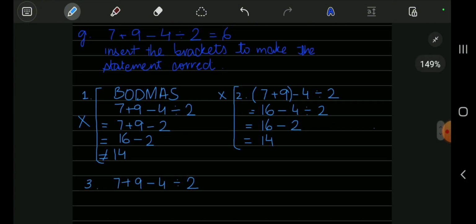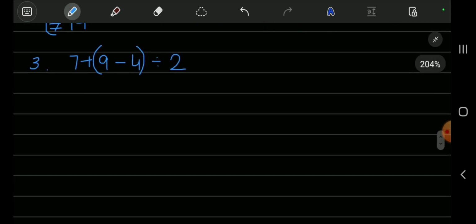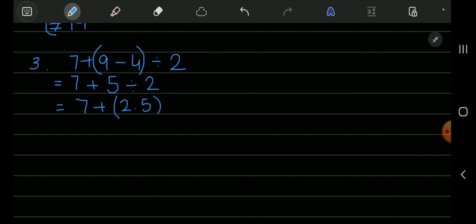If the bracket was on 9 minus 4, it would be 7 plus 5 divided by 2. In this case, it should be first division, then 7 plus 5 divided by 2 would be, you may say, 2.5. Okay, and this will give you 9.5. So this is also an incorrect thing.